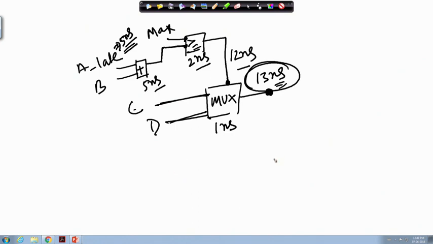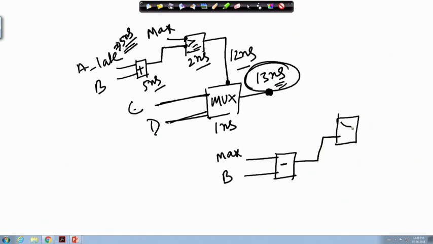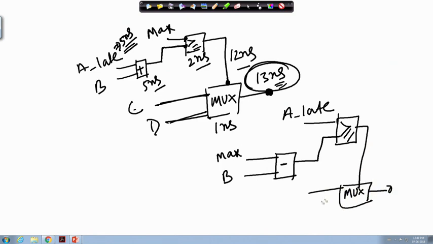According to the newer logic, I have to consider max and B, max minus B, and then that has to be checked with A_late, that will go to this mux. This is C and D. So, this is basically appearing after some time. Okay. So, this has 2 nanoseconds.